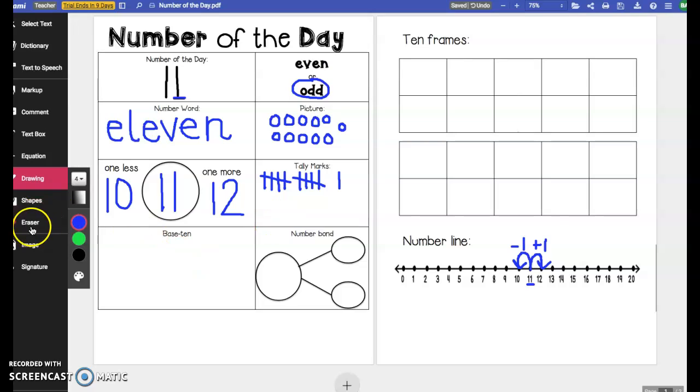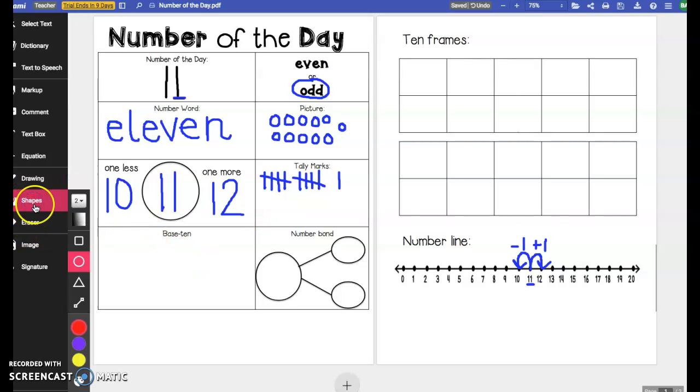All right, so let's fill in our 10 frames before we do our base 10 blocks. So think about, before I do it, I want you to think about the number 11 and what that's going to look like on our double 10 frame. How many 10s are there in 11? There's just one, right? So let's fill it up and let's see what that's going to look like in our 10 frames.